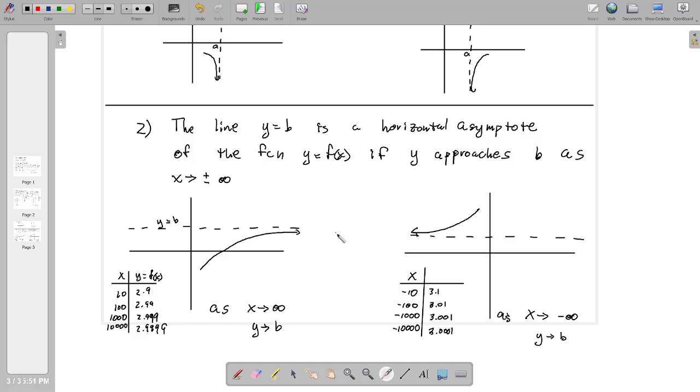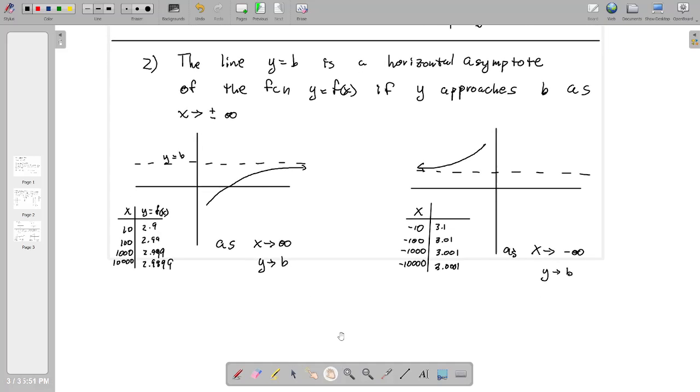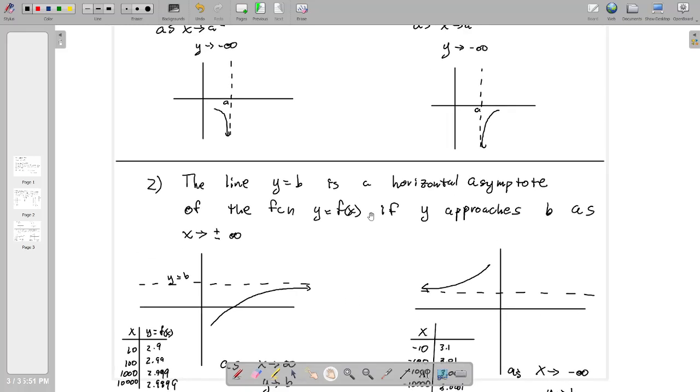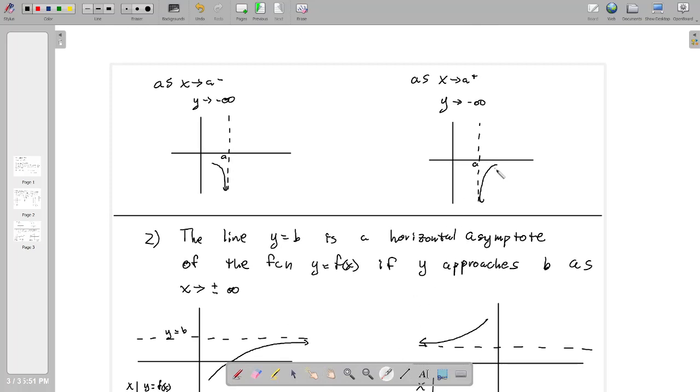Now I want to ask you a question here. And this is kind of a tricky question, so just think about it. How many vertical asymptotes is it possible to have on a graph? How many times can our y value go to negative infinity at some given x value?